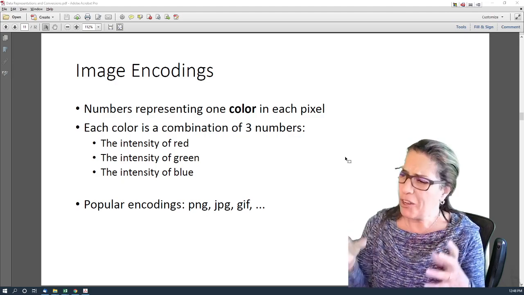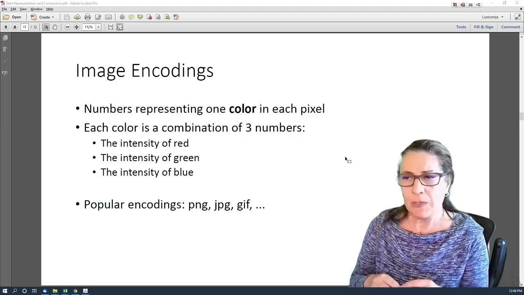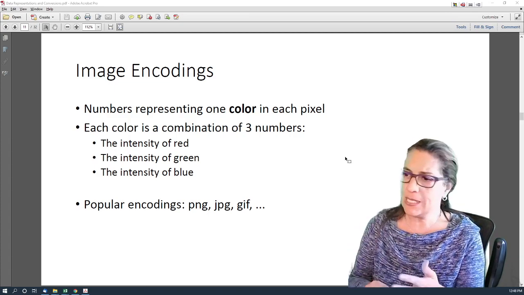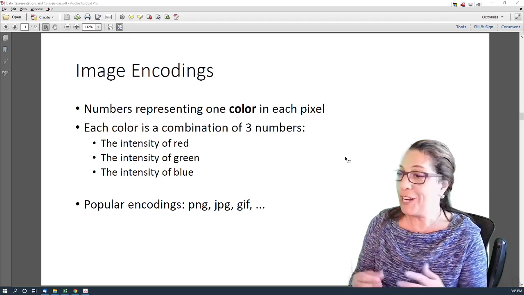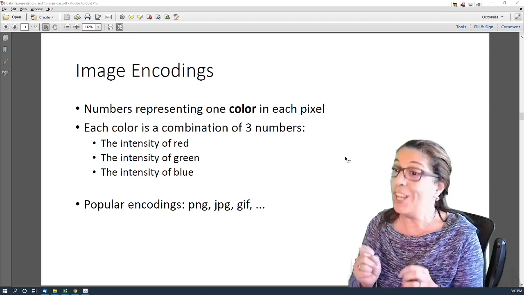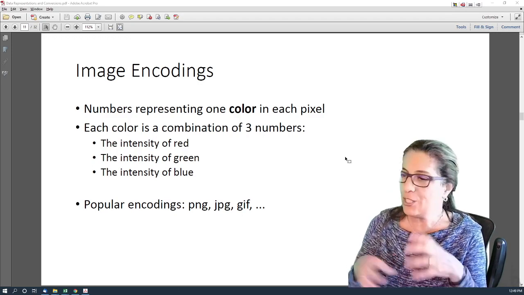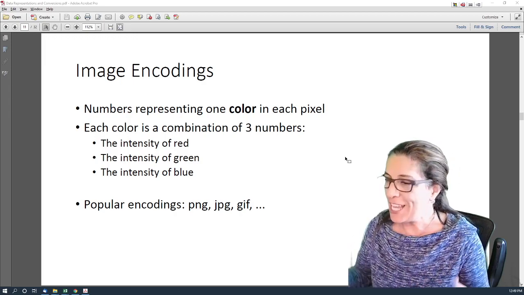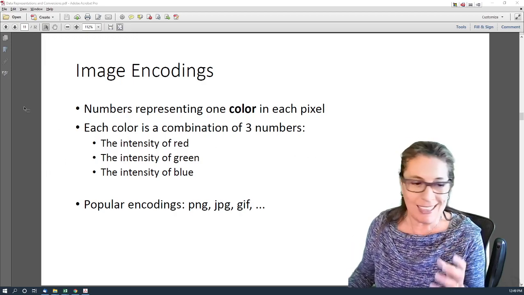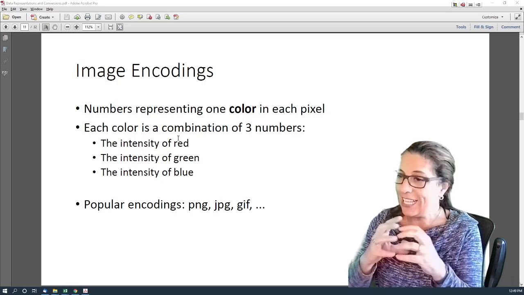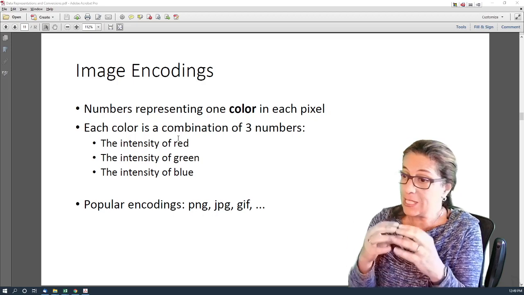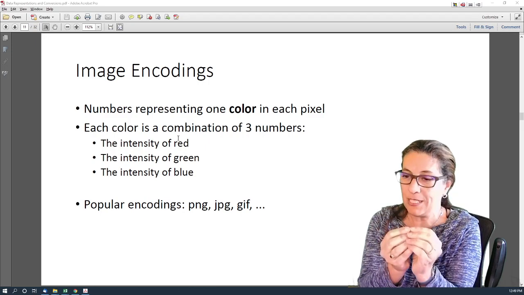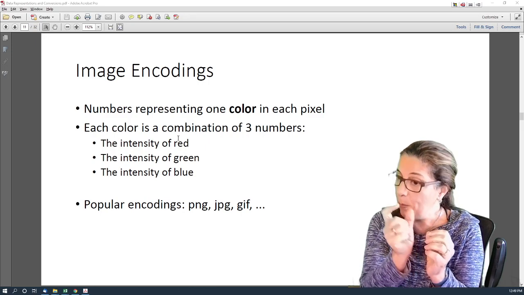But then they have more things around it, like whether the image has transparency or not, or whether the image is a GIF, for example, which is actually many images, not just one. So there are all sorts of variations. But the most important thing, the core, is that the blob of data is this series of three numbers, one trio per pixel.